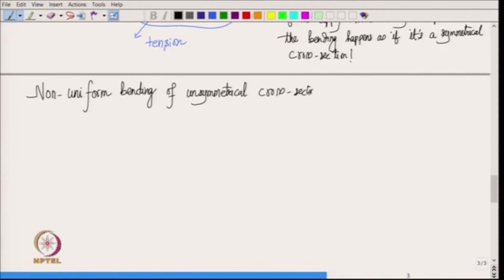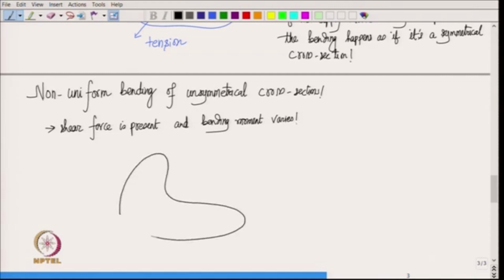So, this means we also have shear force present in the cross section. So, shear force is present and bending moment is varying. Now, let us have a look at the cross section.